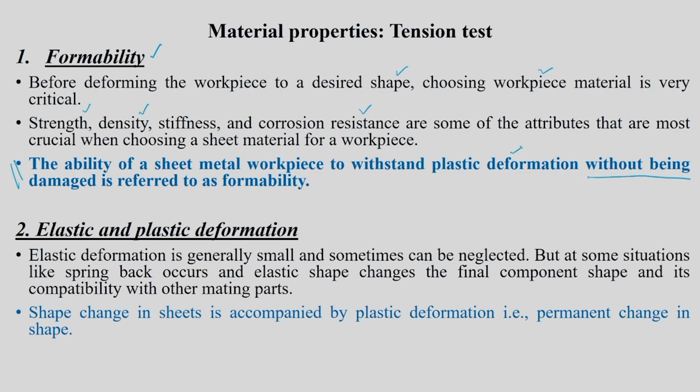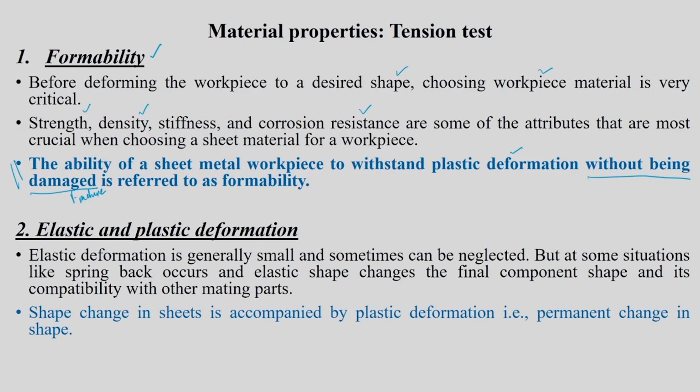So naturally plastic deformation is mandatory without being damaged. Without being damaged means it should not have any instability that is getting developed during the course of deformation. So what is instability, we will see it in a separate chapter, but otherwise you can take it here as damaged means let us say fracture. The material should not fracture at all. That is the main requirement here we have.